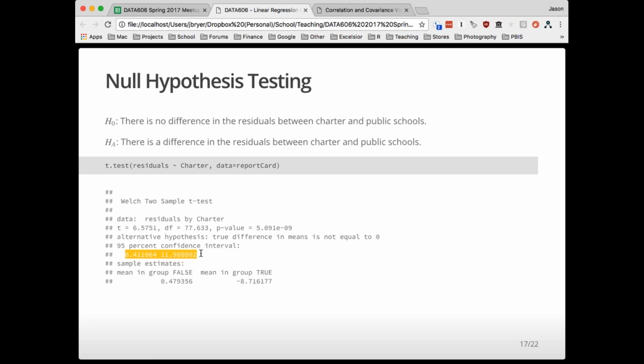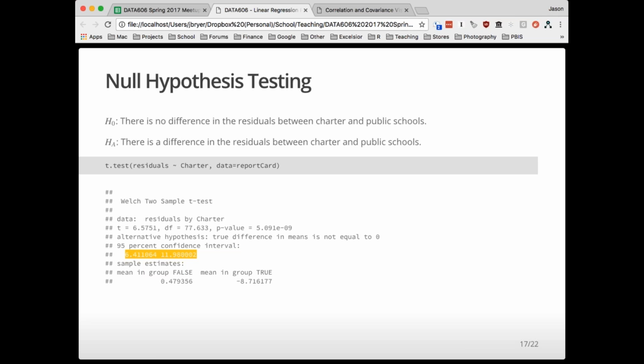So Daniel, why did I do the t-test? Feel free to come off mute if you want to elaborate. You mean as opposed to just a simple null hypothesis test? Or compared to another distribution. Well, that's kind of what I'm doing here. I'm comparing the difference. I'm doing an independent sample t-test because I have two distributions: the distribution of residuals for charter schools, and the distribution of residuals for the other group, traditional public schools.